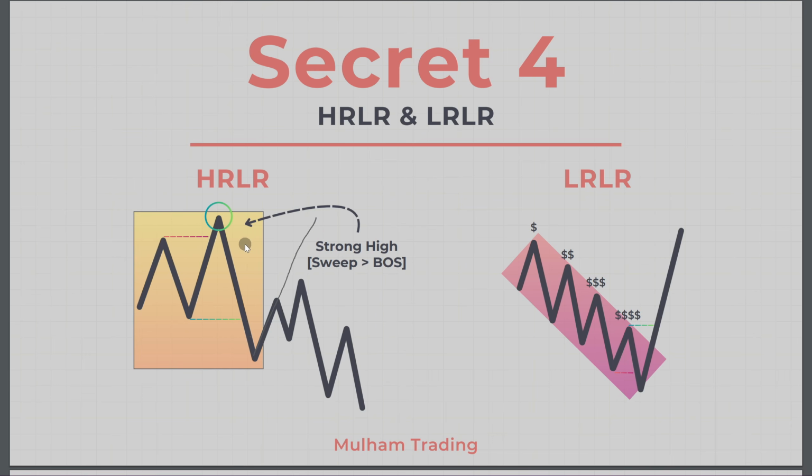Why? Sometimes it might work, but we trust in probabilities, and based on probabilities, this one is lower because we created a strong high here. All the liquidity is taken. We need to go to the other side, and you see here, same thing, high resistance liquidity run. However, on this side, what we had is a low resistance liquidity run.